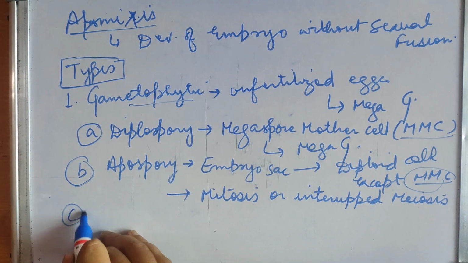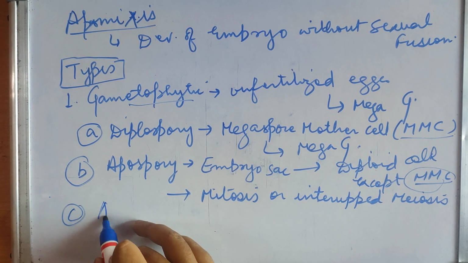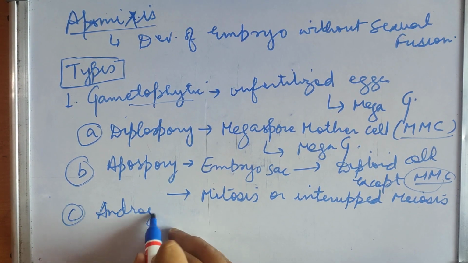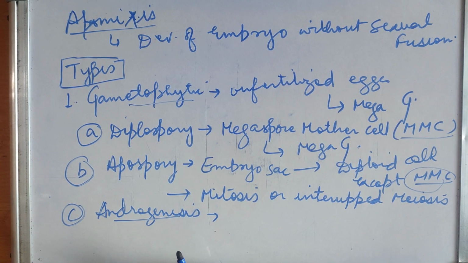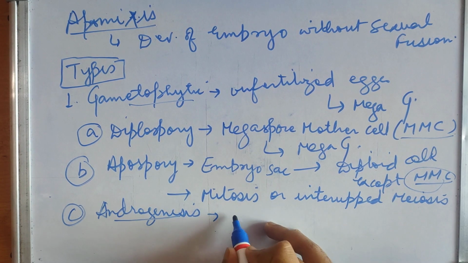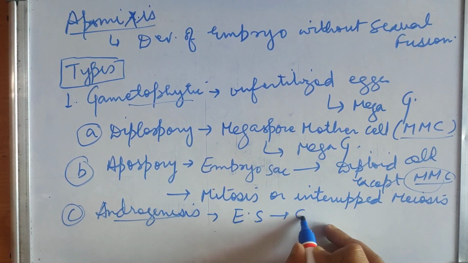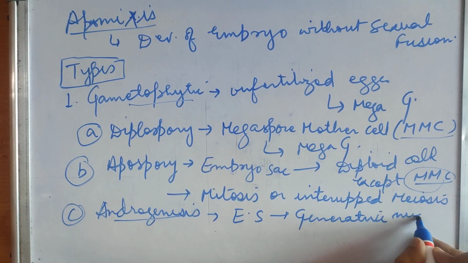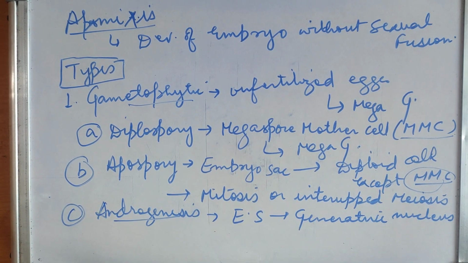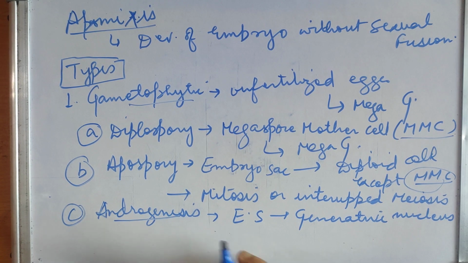And the third one is androgenesis. Here the embryo sac originates from the generative nucleus of pollen tube cells.